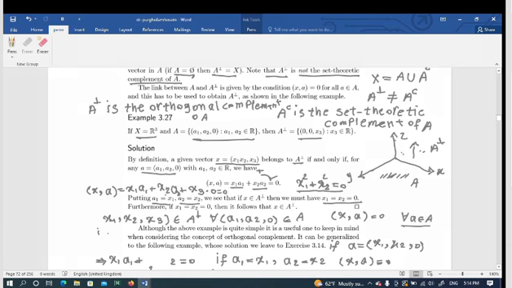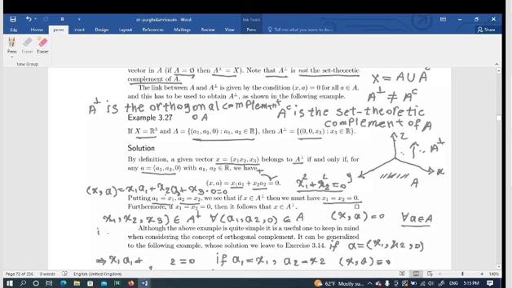To show that A orthogonal equals the triple (0, 0, x3), by definition, if x equals (x1, x2, x3) is a member of A orthogonal, this vector will be in A orthogonal if and only if for any a in A, and we know that the members of A are like this, (a1, a2, 0), the inner product of x and a equals x1 a1 plus x2 a2 plus x3 times 0.